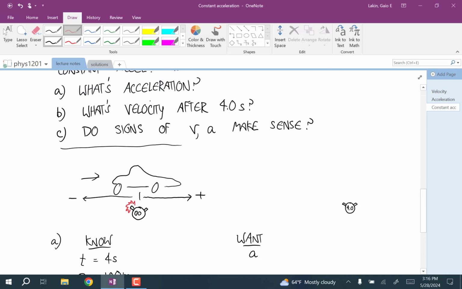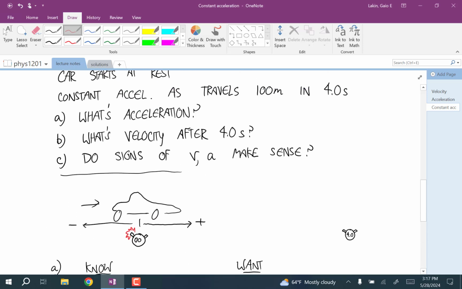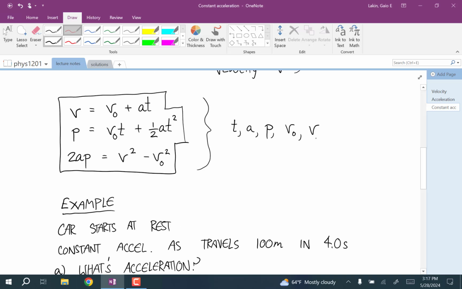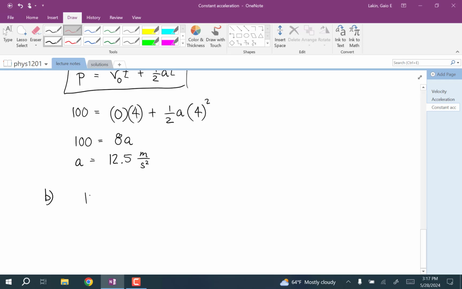Now we want to find the velocity after 4 seconds. So let's think again about what we know and what we're looking for. We can just go through this list of variables again, t, a, p, v0, v. We still know time is 4.0 seconds.